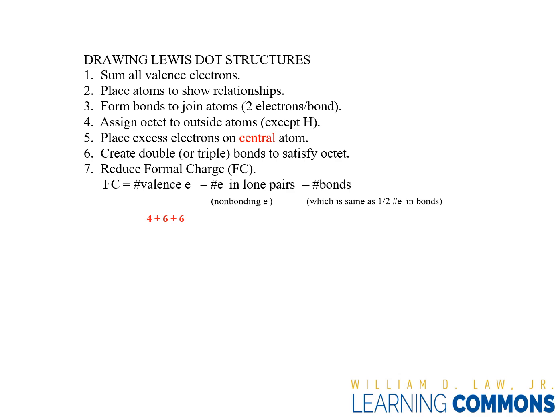For this slide, we have to draw the Lewis structure, or Lewis dot, and the backbone of the Lewis structure is the octet rule. What does the octet rule mean?